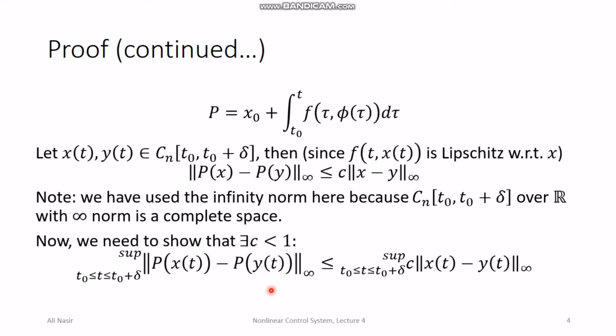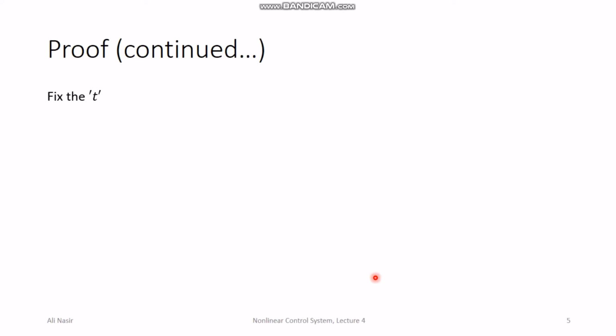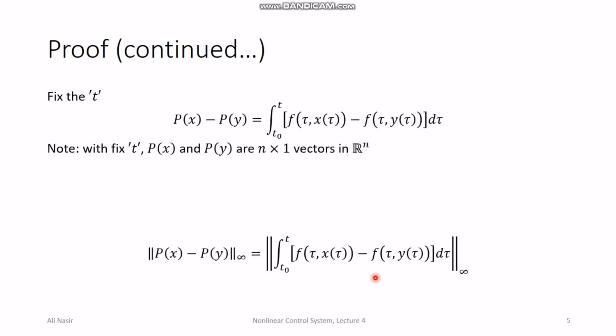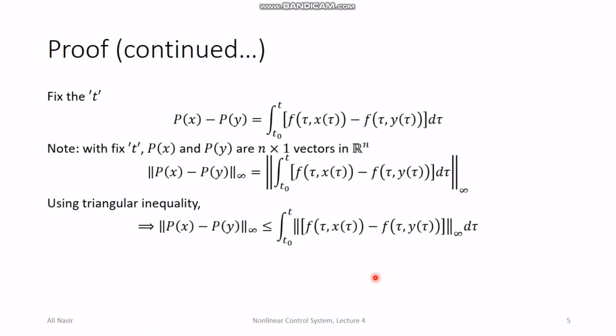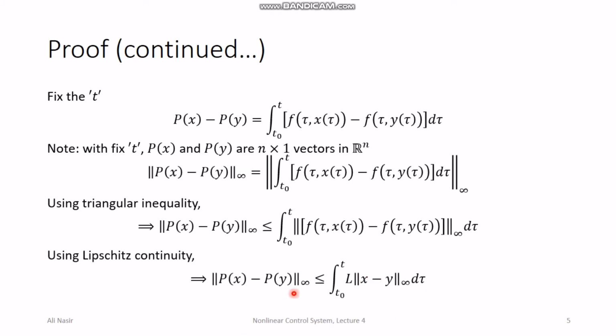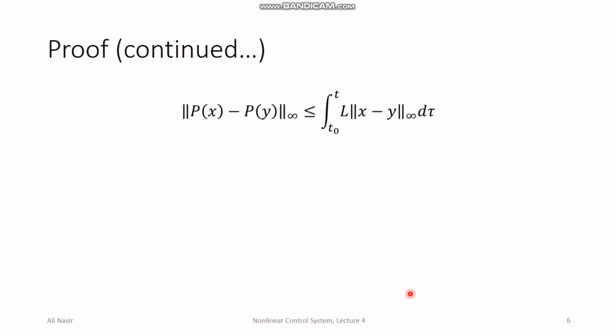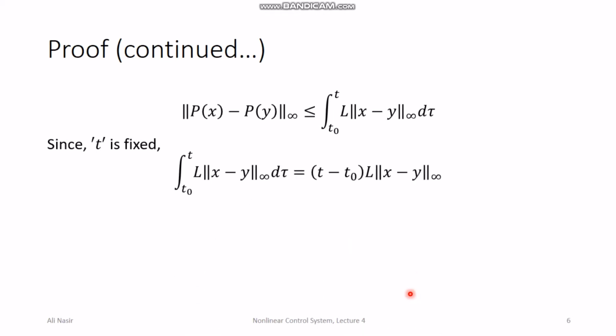But in order to prove this for all the t in the interval, we first fix the time, and by fixing the time, it allowed us to simplify and find some inequalities which are helpful for us. And once we are at a comfortable stage, we again unfix the t.